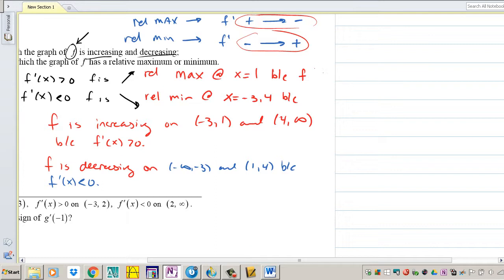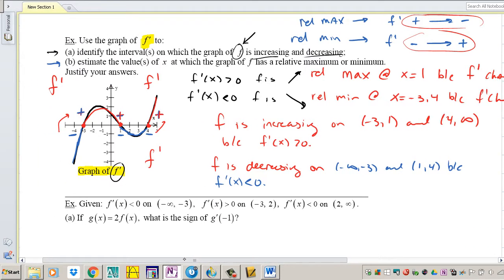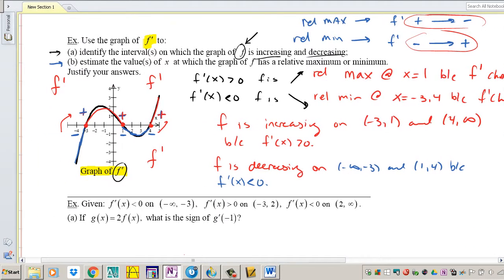Relative max at x equals 1 because f prime, or you could even say the graph of f prime, but because I want to be concise, I'm just going to put f prime, because f prime changes from positive to negative. Relative min because f prime changes from negative to positive.